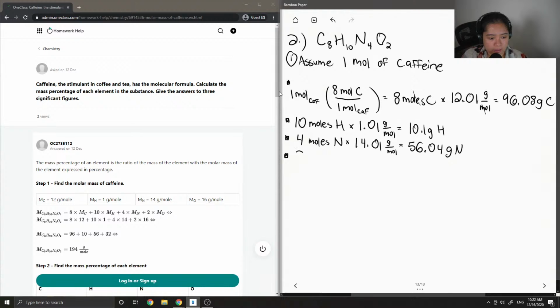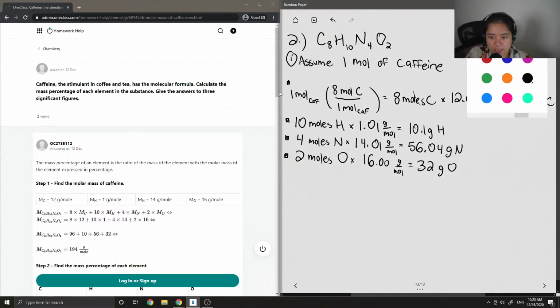And lastly, there are 2 moles of oxygen for every 1 mole of caffeine. Oxygen's atomic mass is 16 grams per mole. Multiplying these gives us 32 grams of oxygen.